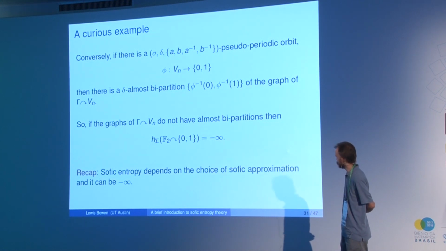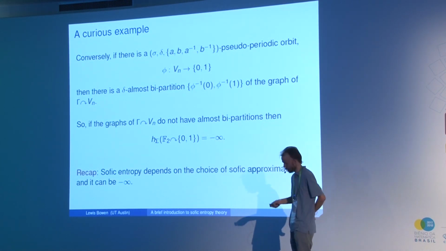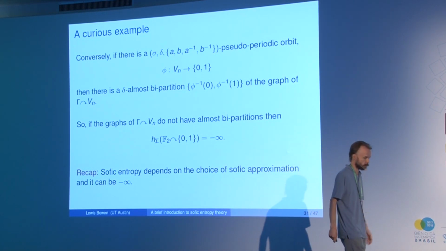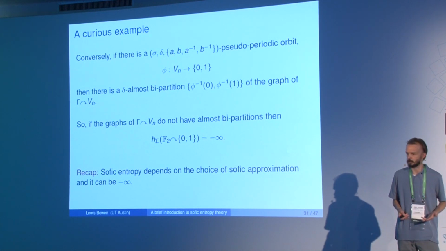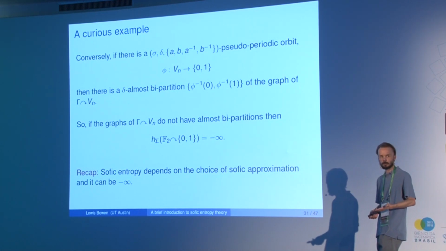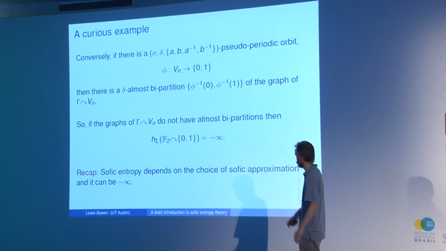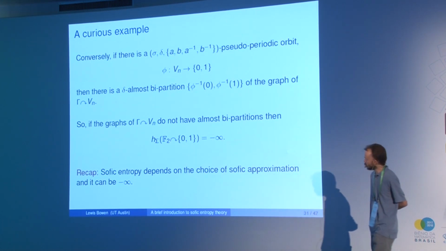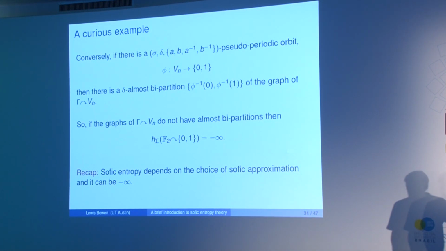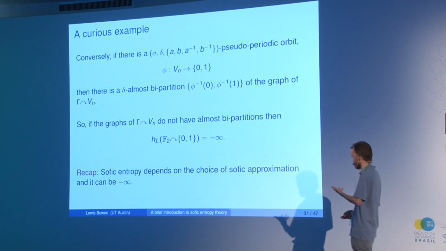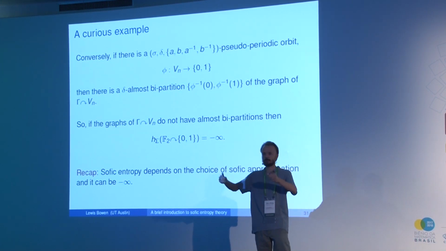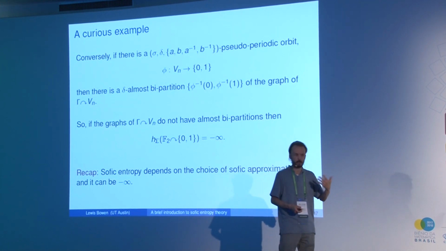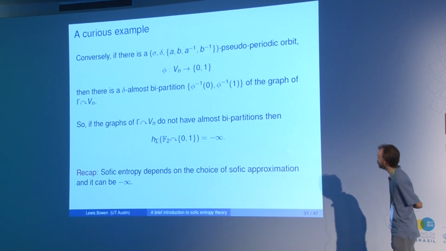Now, this really does happen. The free group, if you just choose actions at random on finite sets, then with probability 1, there won't be any almost bipartitions. And you will have a Sofic approximation. Points will be moved. So the Sofic entropy can depend on this choice of Sofic approximation. Just to remind you, a Sofic approximation, right, is a sequence of finite graphs or finite sets on which the group acts. And it's approximating the action on itself by left translation.